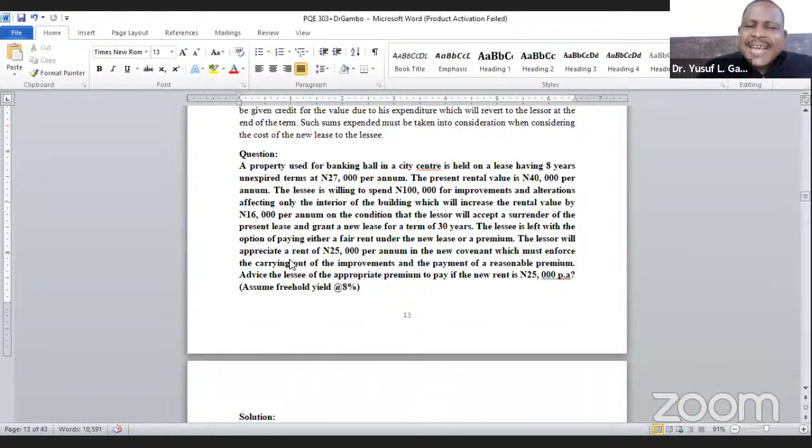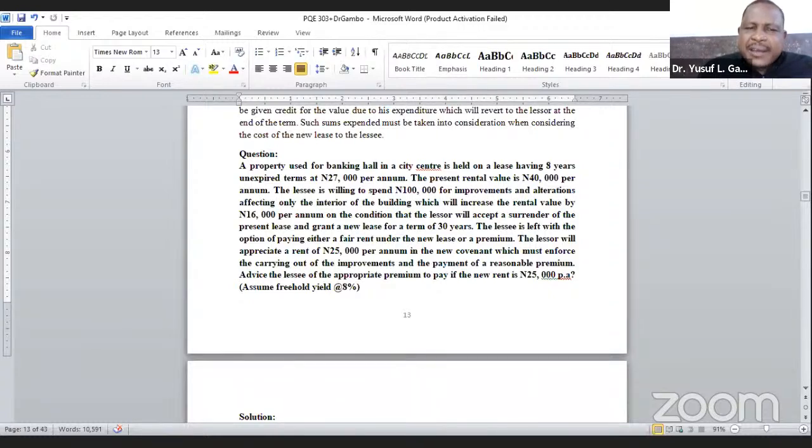The lessee will pay a premium, so spending 100,000, and the property goes up by 16,000 naira, yet the landlord is willing to take 25,000 naira per annum in the new covenant, which must enforce the carrying out of the improvement and the payment of reasonable premium. Advise the lessee.